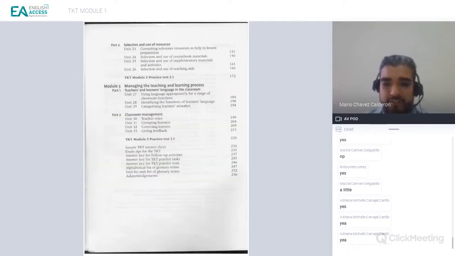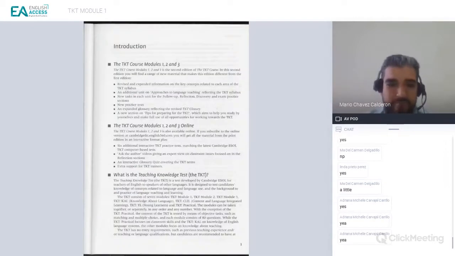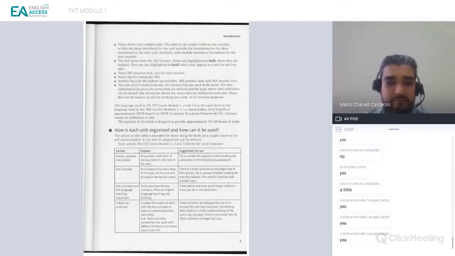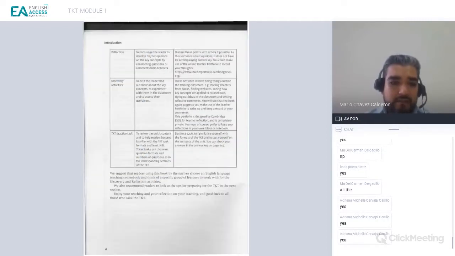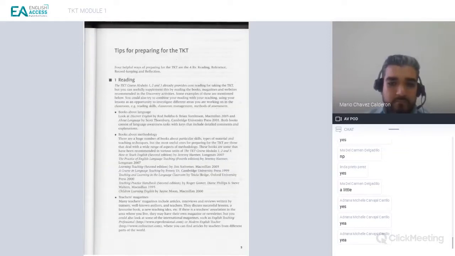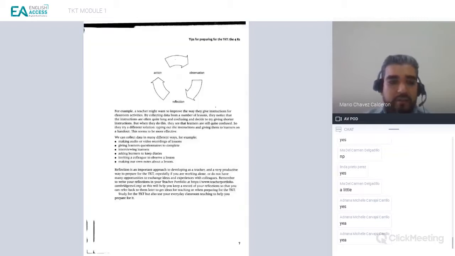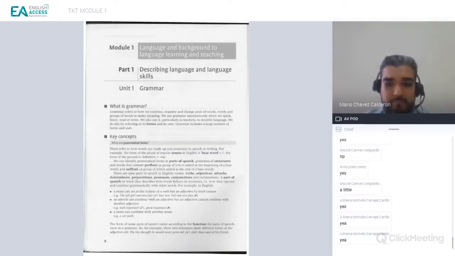All this information is in the book. You see? It has the introduction about the TKT, and then after the introduction, it starts with the grammar. Let me see.